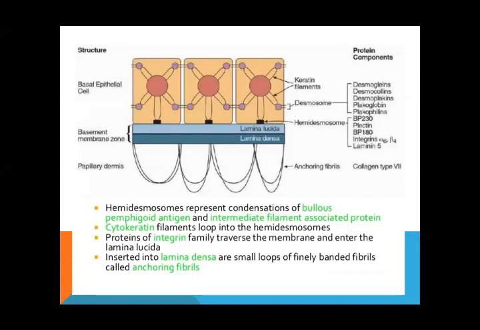Proteins of the integrin family traverse the membrane and enter the lamina lucida. Into the lamina densa are small loops of finely banded fibrils called the anchoring fibrils. This is the lamina lucida, this is the lamina densa, hemidesmosomes, these are the keratin filaments, okay? This is the desmosomes.